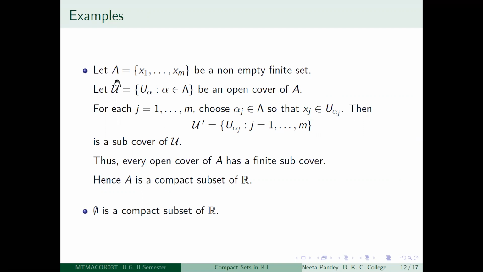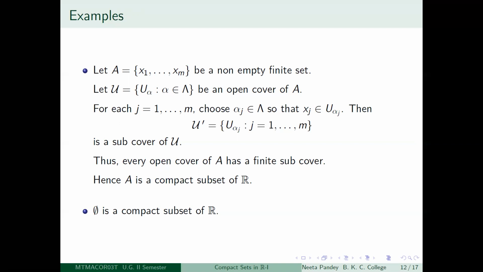Why can you do that? Because this is an open cover of A, right? So A is a subset of the union of U alpha, alpha in Lambda. Therefore, every point of capital A is an element of at least one of the U alpha. Let me repeat it again.